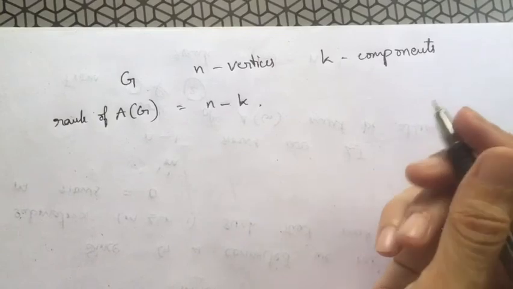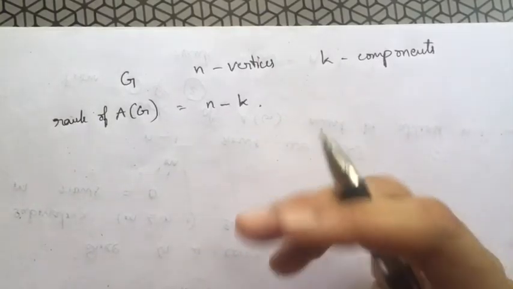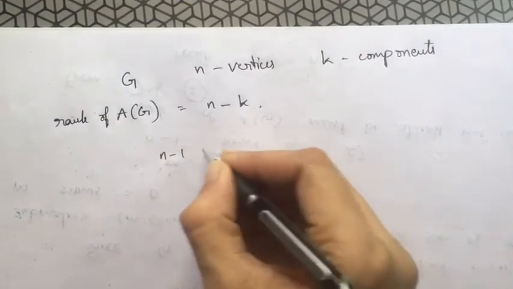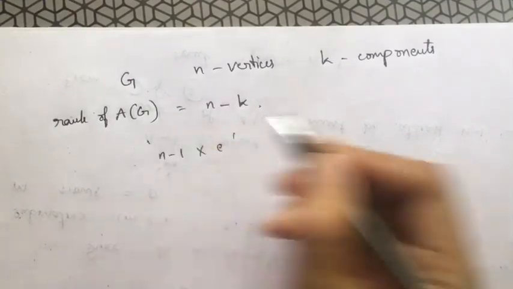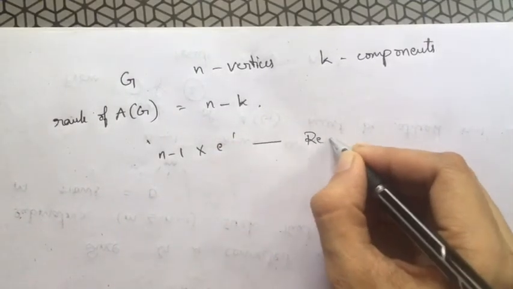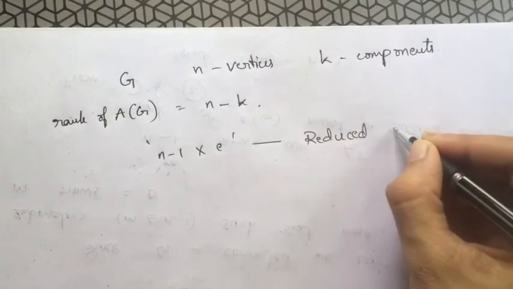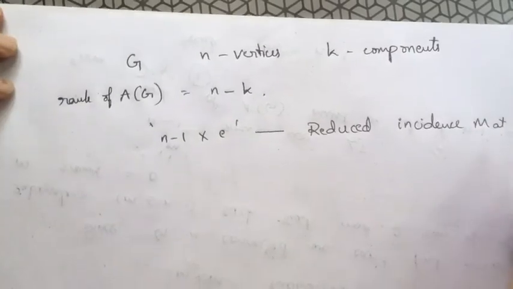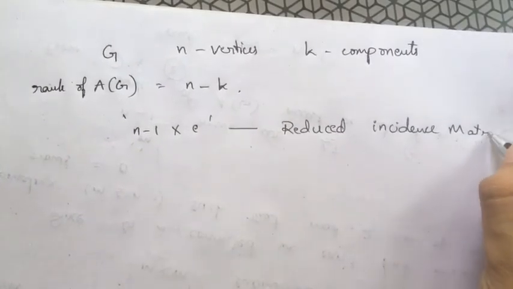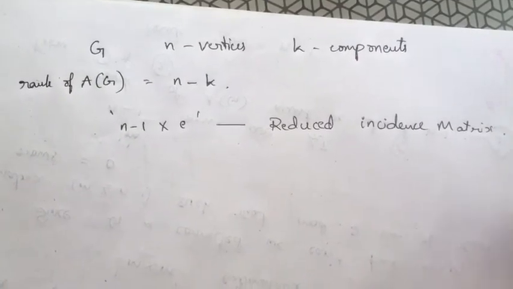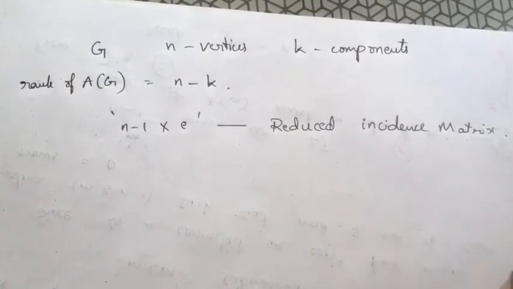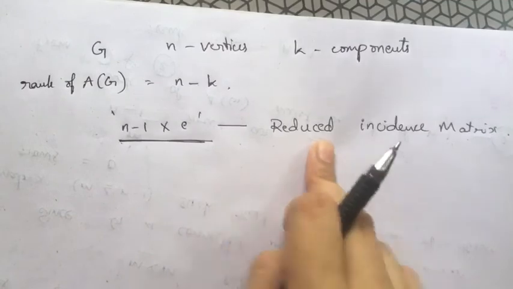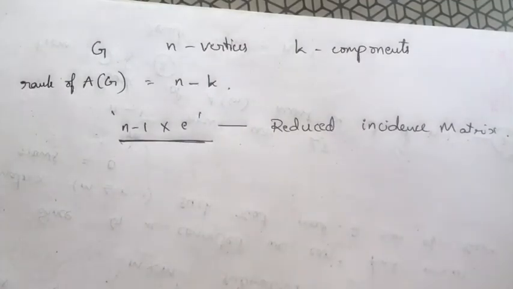Remember one thing: in the incidence matrix of a connected graph, if I remove any one of the rows, then the remaining n minus 1 cross E matrix is called the reduced incidence matrix.